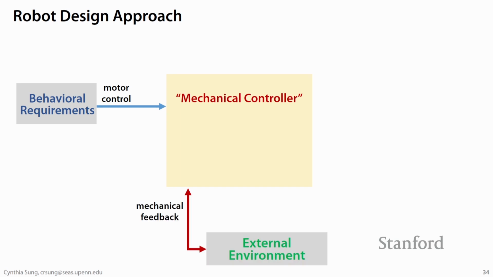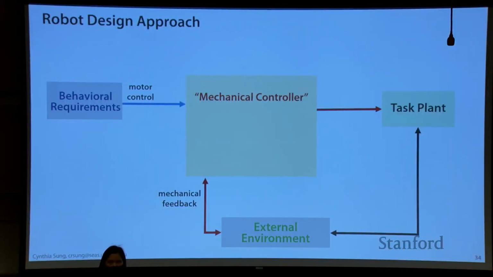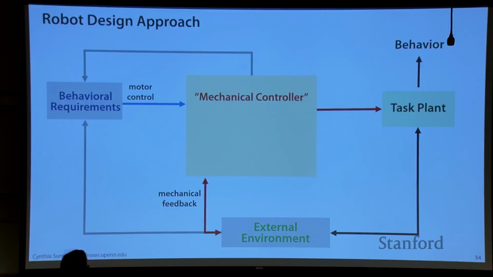That robot is going to interact with the environment, which will give you some external forces that your robot needs to respond to, and all of that results in your final robot's interaction with the environment, right?